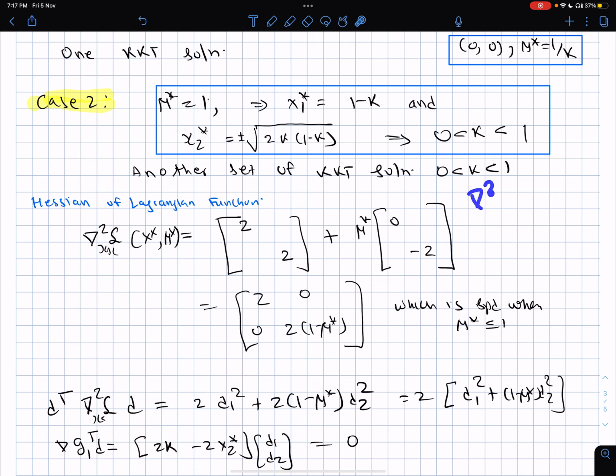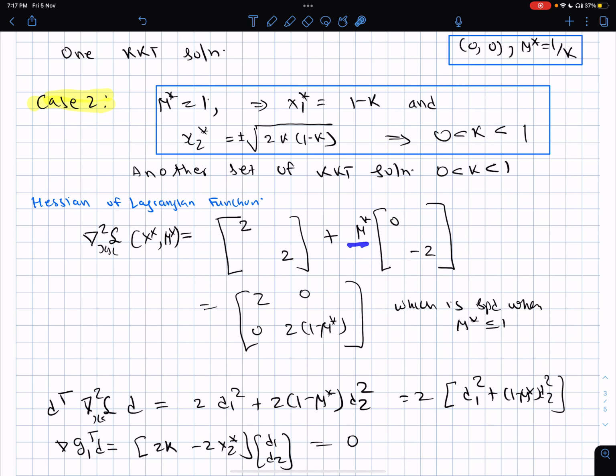Now what do I need to write? Plus mu star del square of the g function. And what is my g function? 2k x1 minus x2 square. So if I take twice partial derivative with x1, I'll get 0. If I take twice partial derivative with x2, I'll get minus 2. And because there are no interaction terms, the off diagonal terms will be 0.